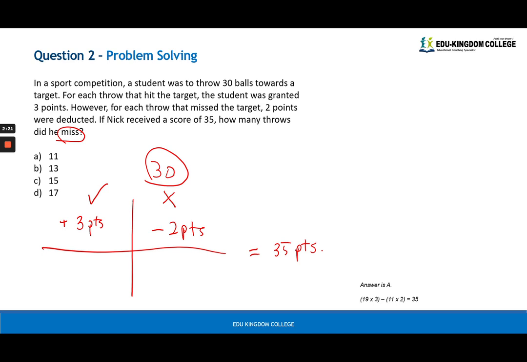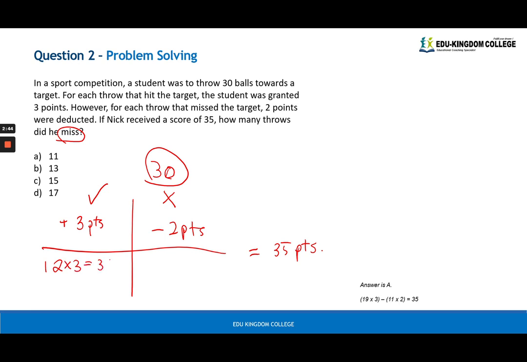Okay, so first of all, to get to 35 points, in that ballpark, no pun intended, you need to think about how many he needs to get at least. So how do I get from 3 to 35? How many lots of 3s go to 35? Well, you can think about 36. 36 is 12 times 3.